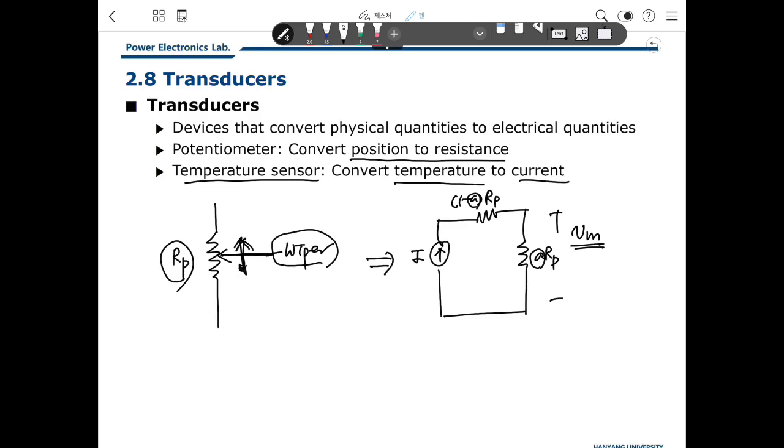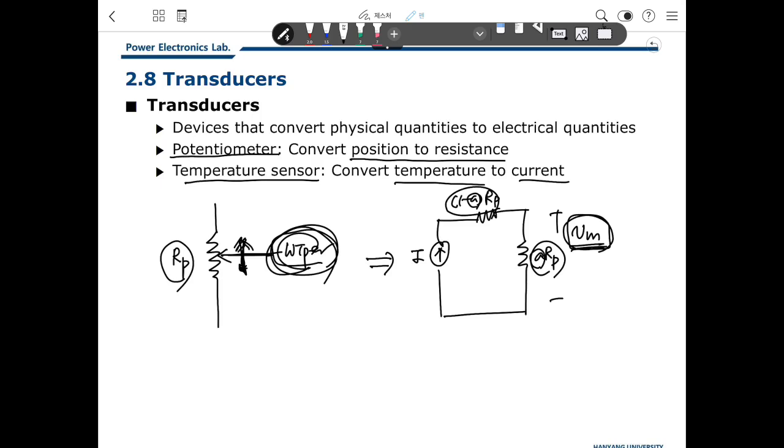So based on this wiper's position, the value varies, so the measurement VM is different. Based on those values, we can guess the position of this wiper. We call this device a potentiometer.